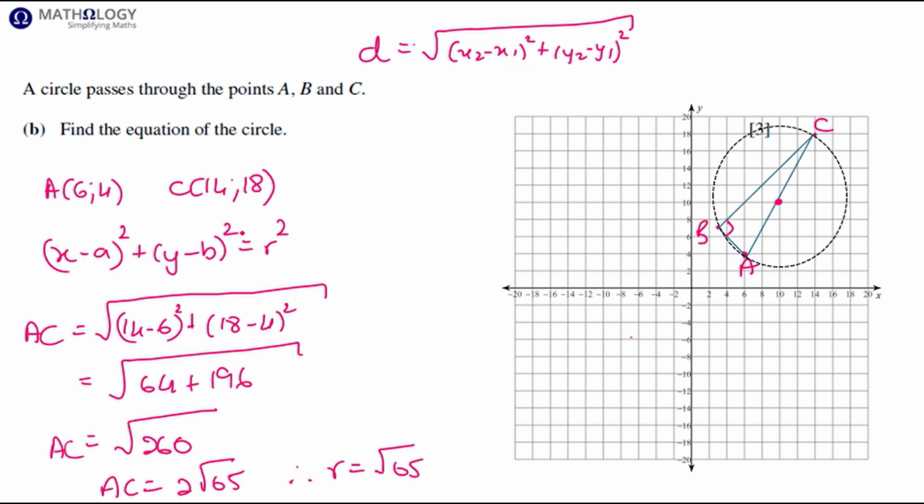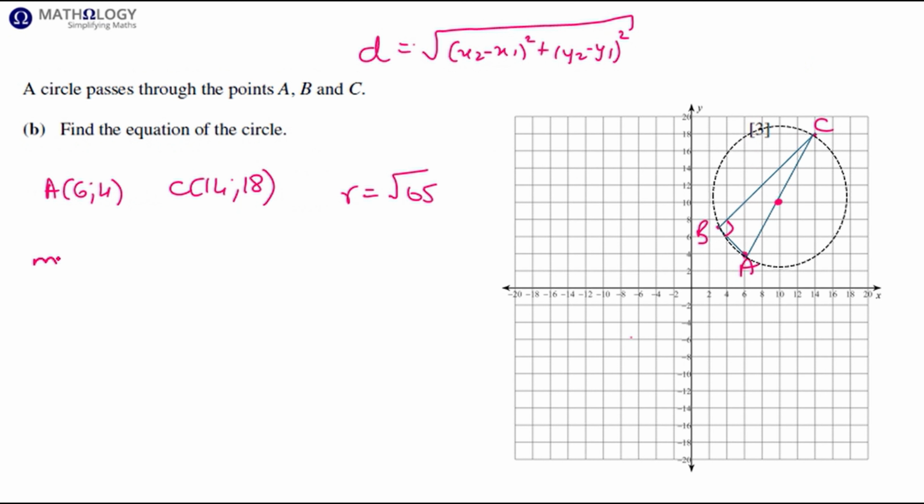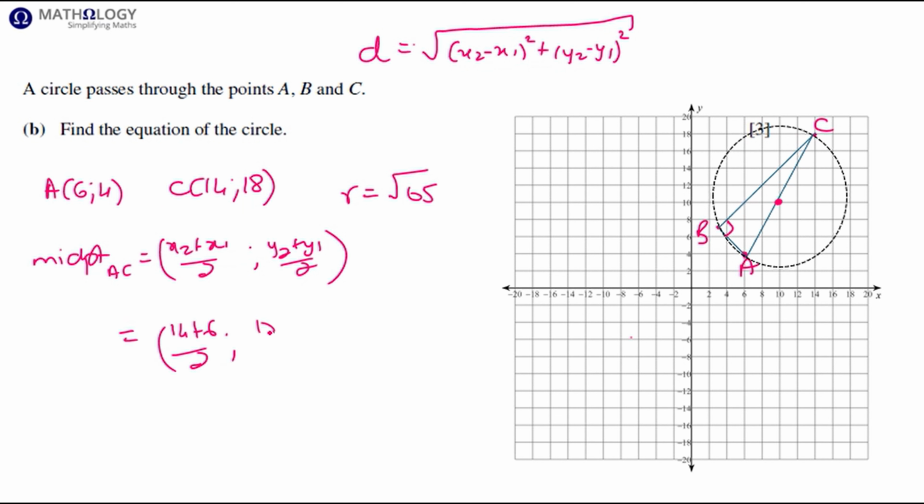So we've got r. We now just need to find the midpoint of AC, which is the center of the circle. So the midpoint of AC is ((x2 plus x1) over 2, (y2 plus y1) over 2). So it's going to be (14 plus 6) over 2, (18 plus 4) over 2. That's 20 over 2 is 10, and 22 over 2 is 11.